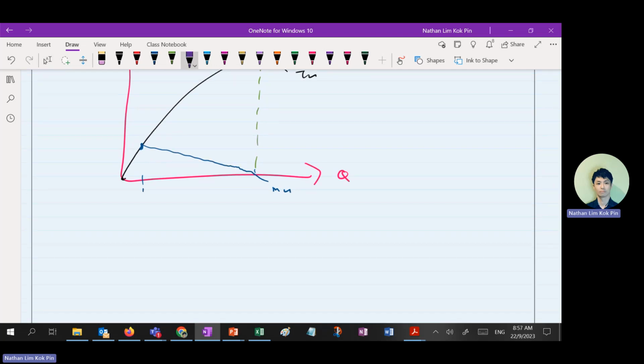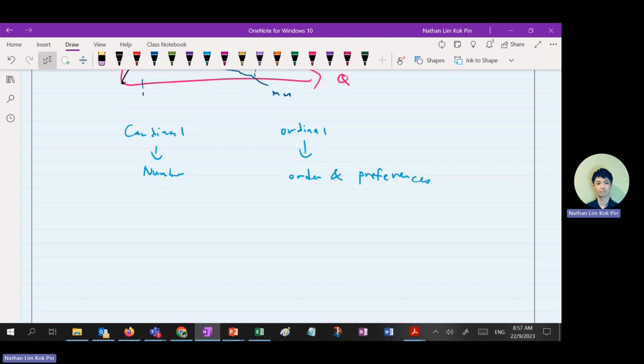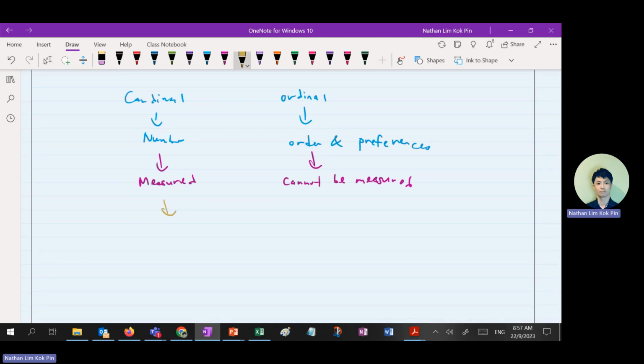I say one more time the difference between cardinal and ordinal. Cardinal is numbers, ordinal is order and preference. Numbers can be measured; ordinal cannot be measured. For numbers, we use marginal utility analysis.